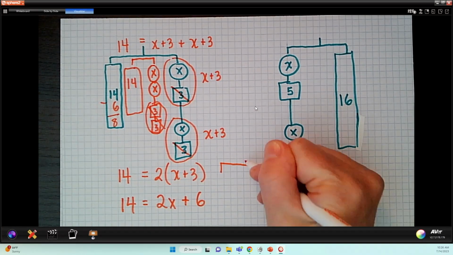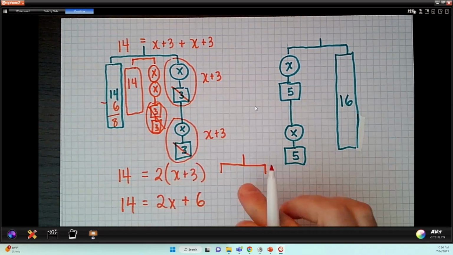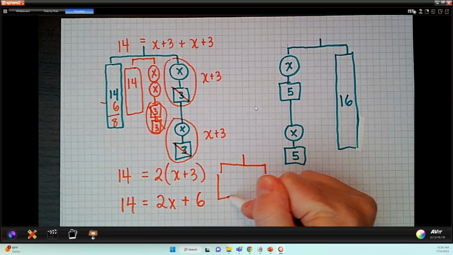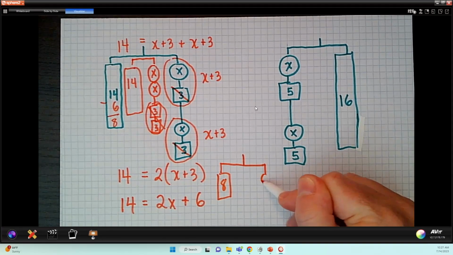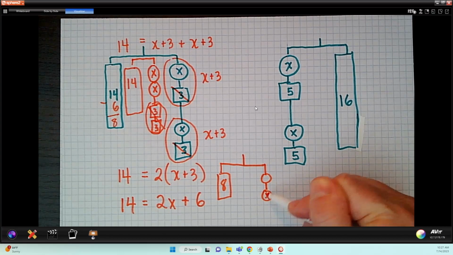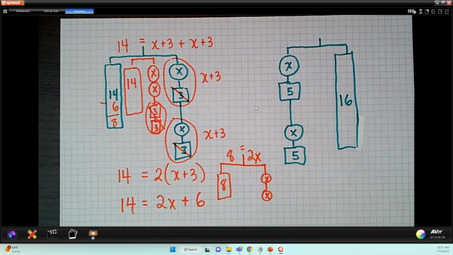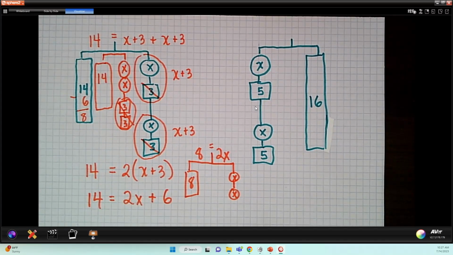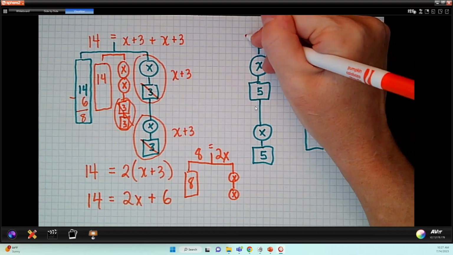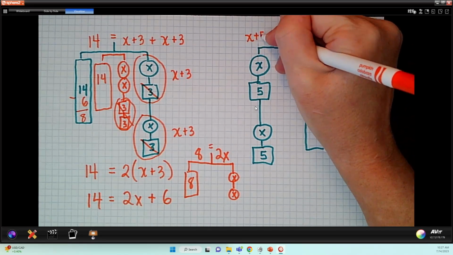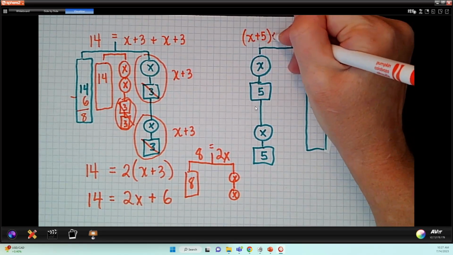And sometimes if it gets a little messy, teachers may say, come over here and rewrite it. So this is what is left. And 8 is equal to 2x. And 2 times 4 is 8. All right, this last one, again, we have an x and a 5, and we have another x and 5.